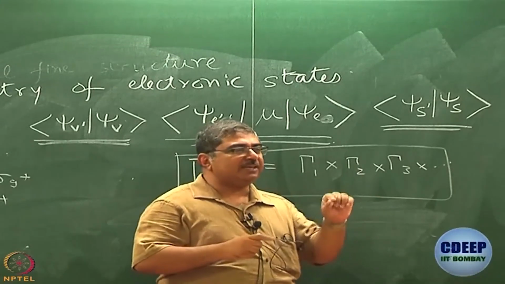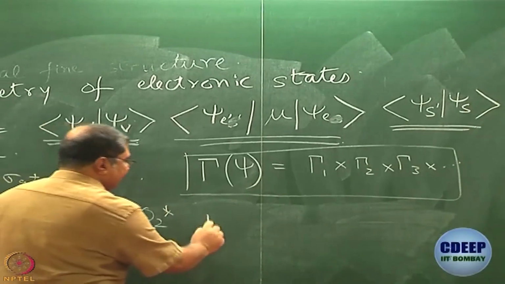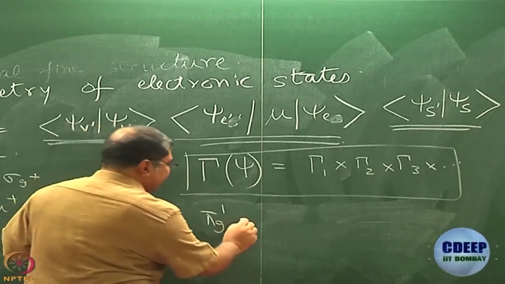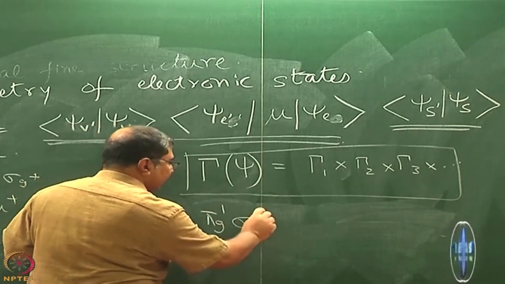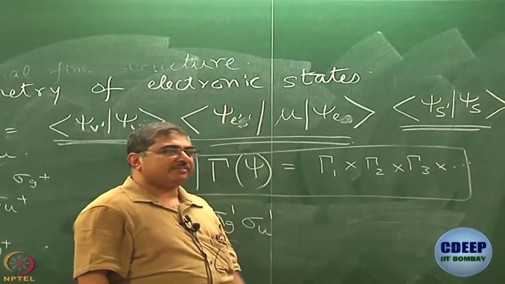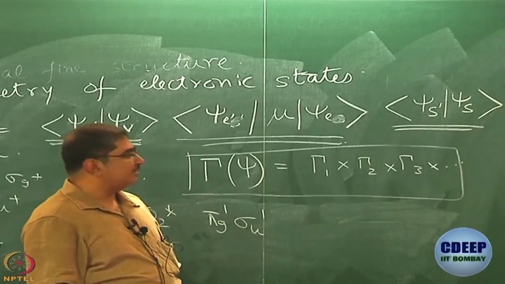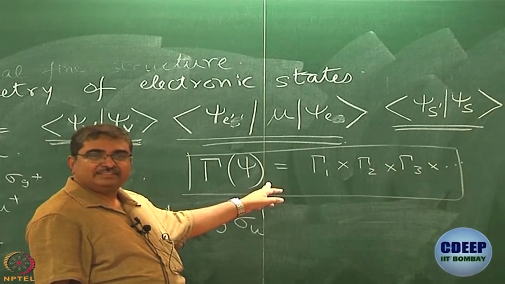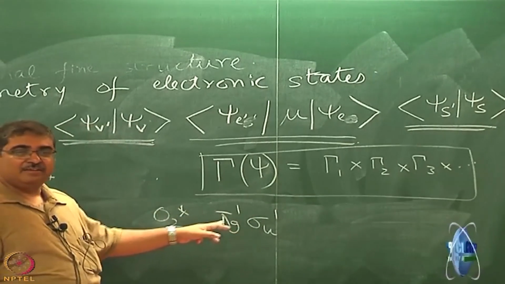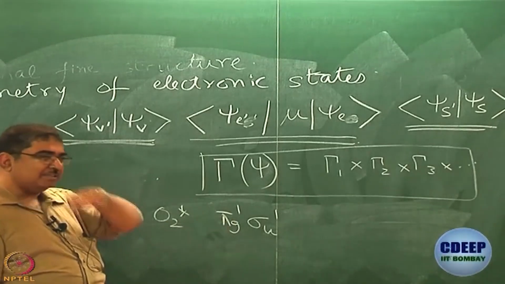Somehow I have one electron in pi G, say dioxygen excited state. This is the electron configuration pi G1 and let us say sigma U1. Somehow I have populated an anti-bonding sigma. What will be the symmetry of this state? The same rule applies. First of all, you have to take a direct product of these two. What do you get if you take the direct product of these two?